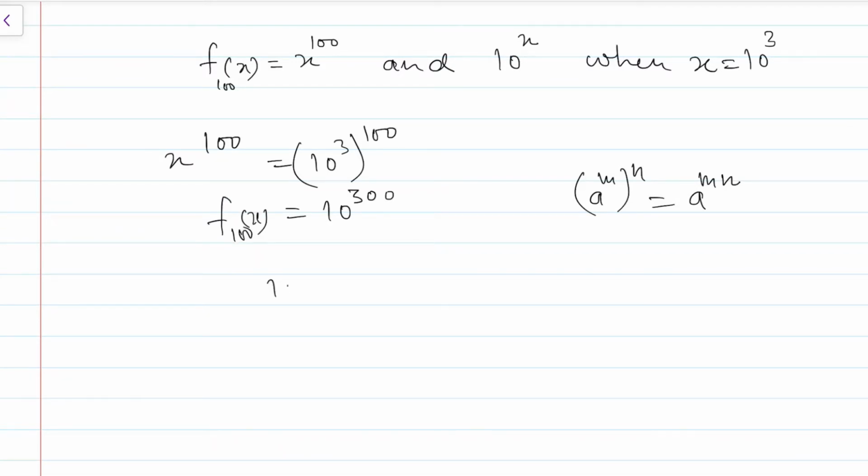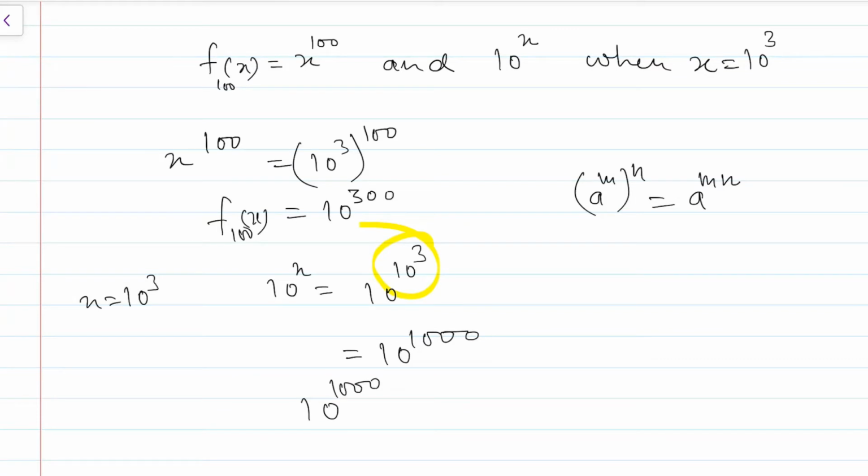Now let us find the value of 10 raised to the power x when x is equal to 10 cubed. The value will be 10 raised to the power 10 cubed, which is 10 raised to the power 1000. So obviously 10 raised to the power 1000 is greater than 10 raised to the power 300.